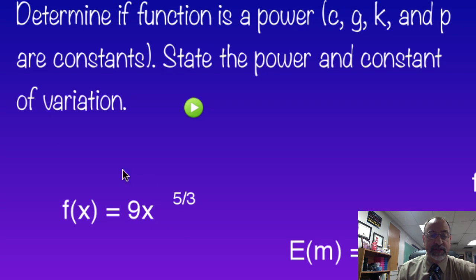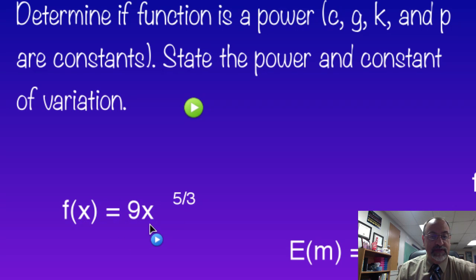So if we take a look at this one right here, f of x is equal to 9x to the 5/3. Alright, a little note here, a trick to help you out. Whatever variable is inside of f of whatever, that's the variable. That's the relationship between y and this variable that's in here. Everything else in the expression is either a constant or the power of the expression.